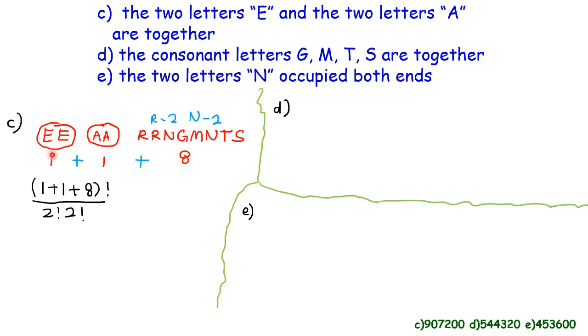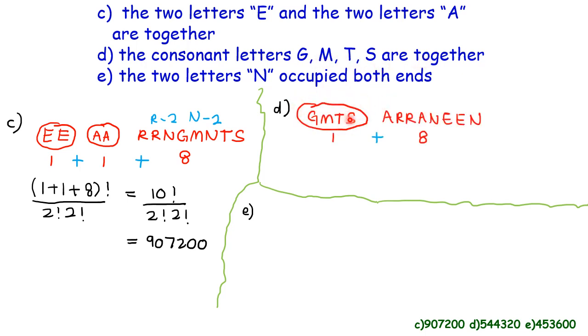So we do not divide, because it is already 1. So the total will be 10 factorial over 2 factorial, 2 factorial, remember these 2 factorials again for R and N. So the number of arrangements here would be 907,200.